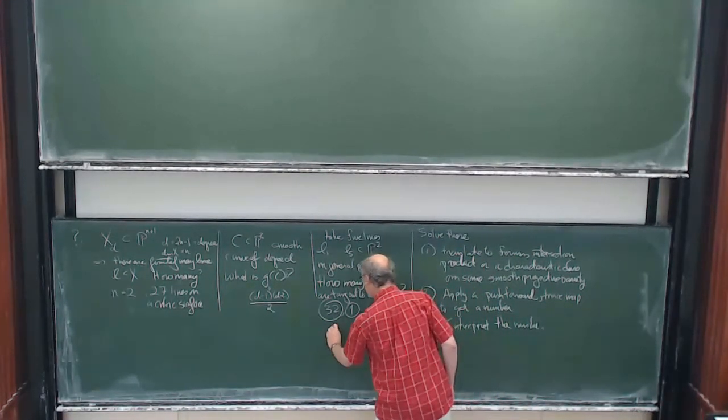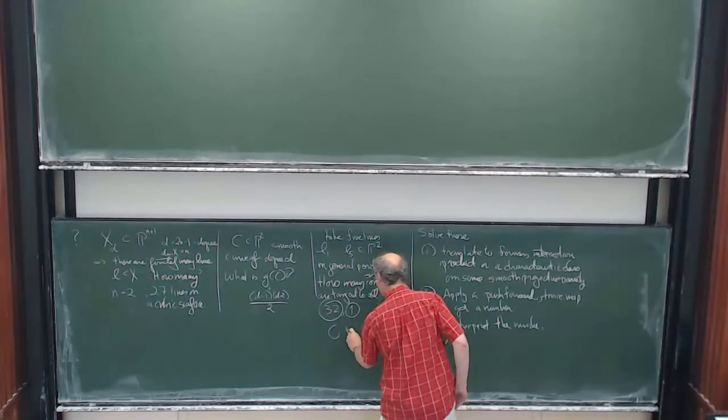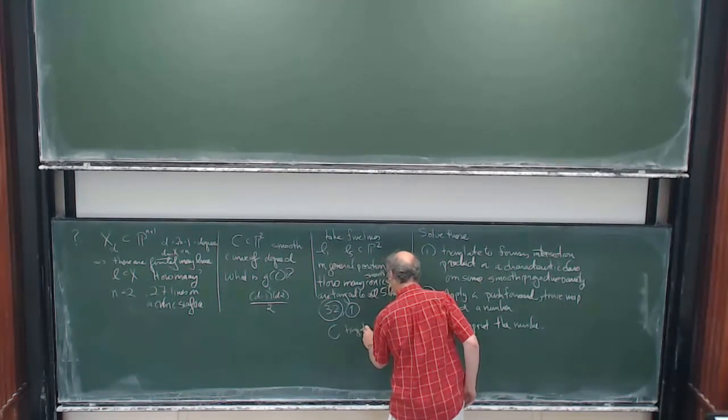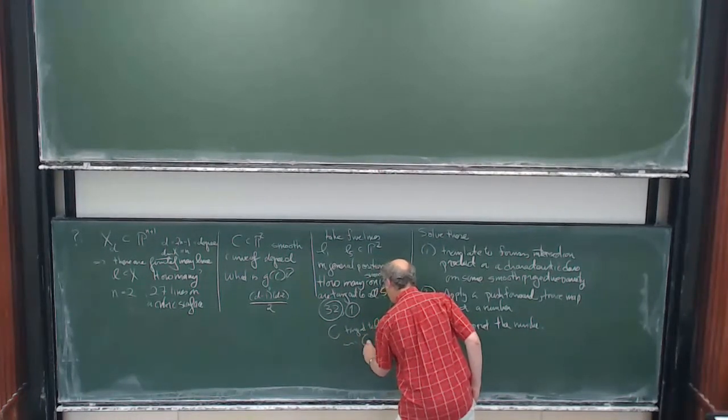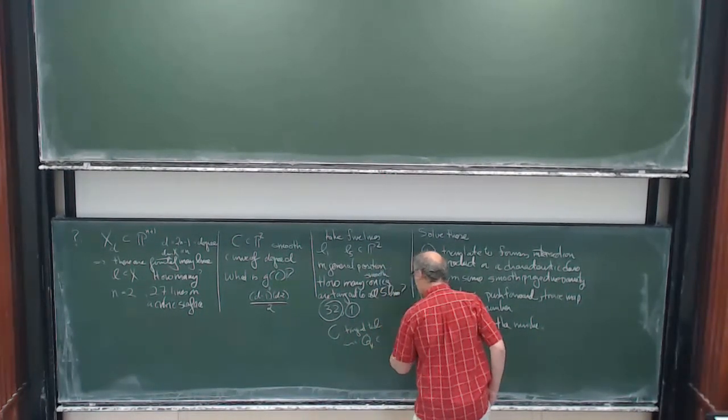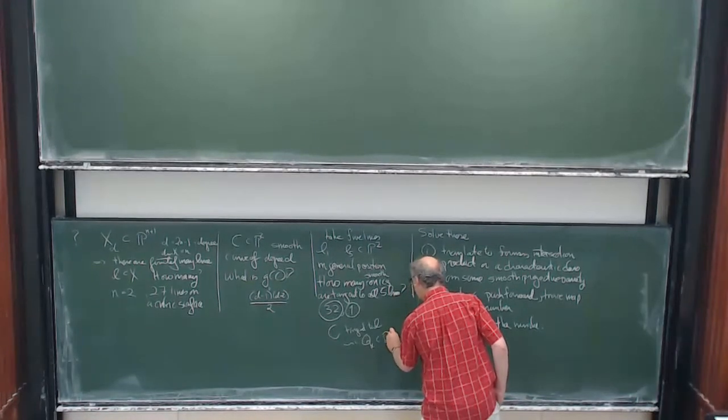Because the condition that C is tangent to a line L defines a quadric Q_L inside of P5.